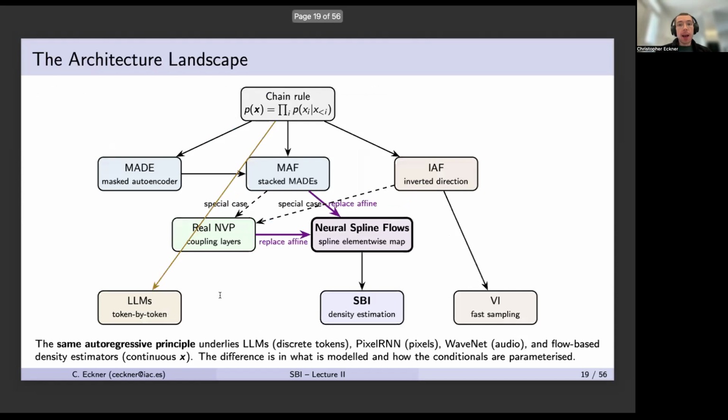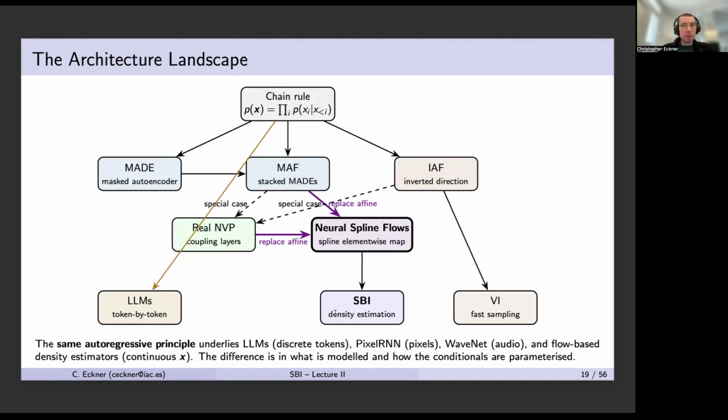Basically, for simulation-based inference in this landscape of architectures that use the autoregressive principle, it is either MAF or neural spline flows that then go into your density estimation, while you can, of course, rely on other methods that have been explored in the literature.